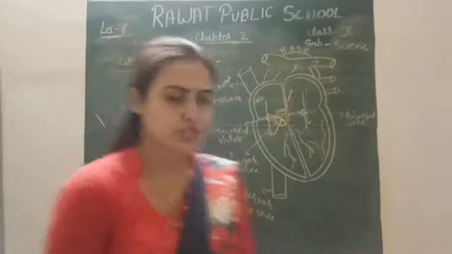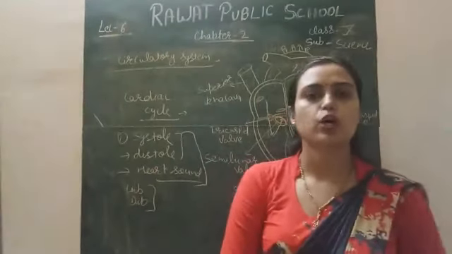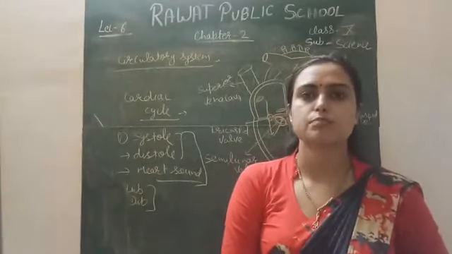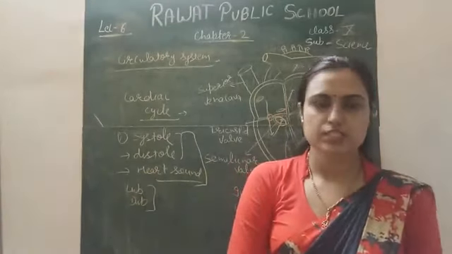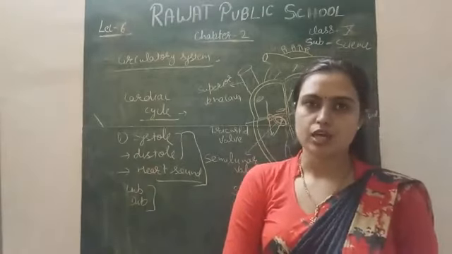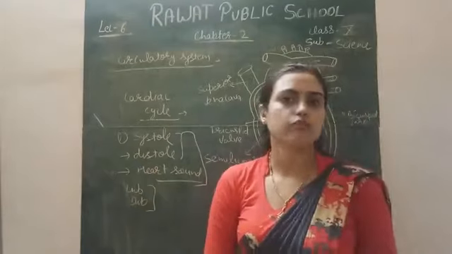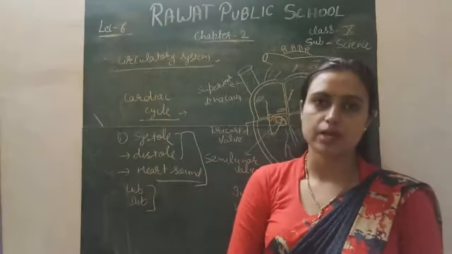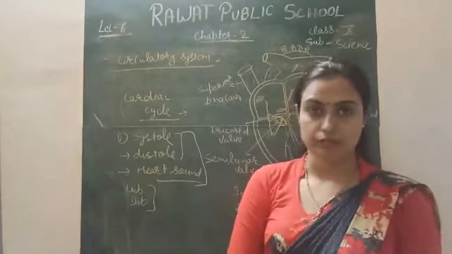This is all about the circulatory system, and because we are human beings, we have a closed circulatory system. It means blood flows in blood vessels, arteries and veins. Arteries always contain oxygenated blood and veins always contain deoxygenated blood. There is an exception in the pulmonary artery and pulmonary vein.